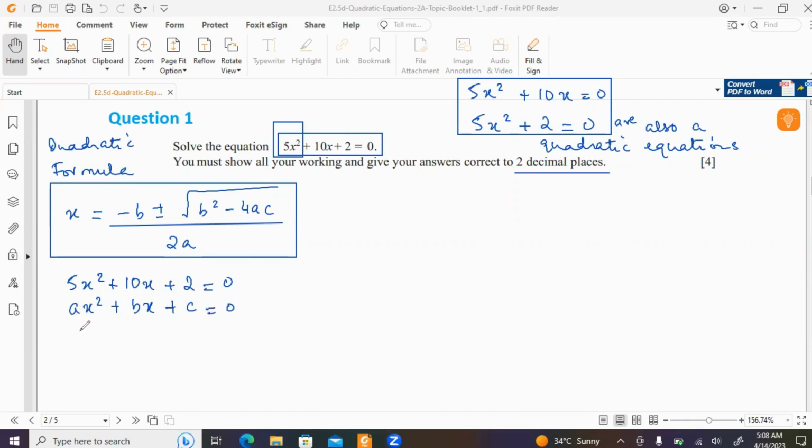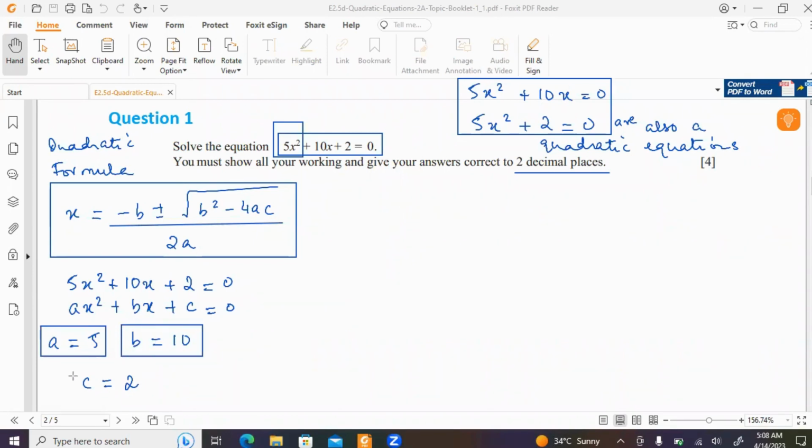Now, if we compare the equations given to us, 5x squared plus 10x plus 2 is in the same format as ax squared plus bx plus c. And if we compare the coefficients of x squared, x, and the constants, a equals to 5, b equals to 10, and c equals to 2.